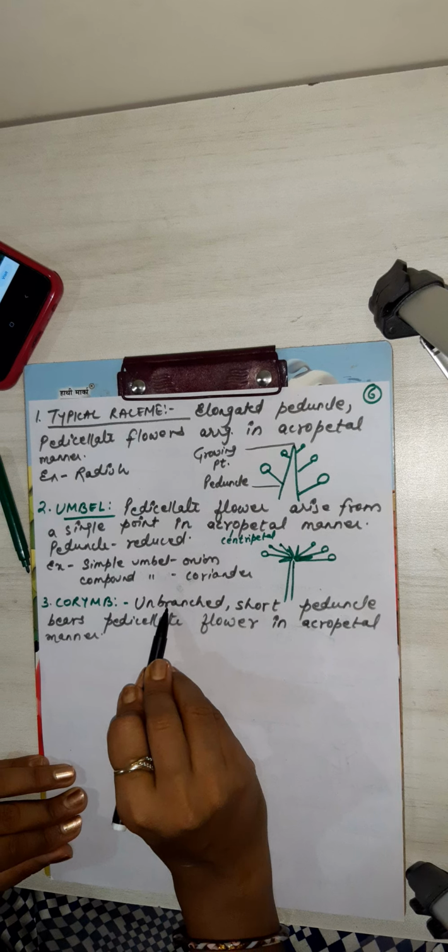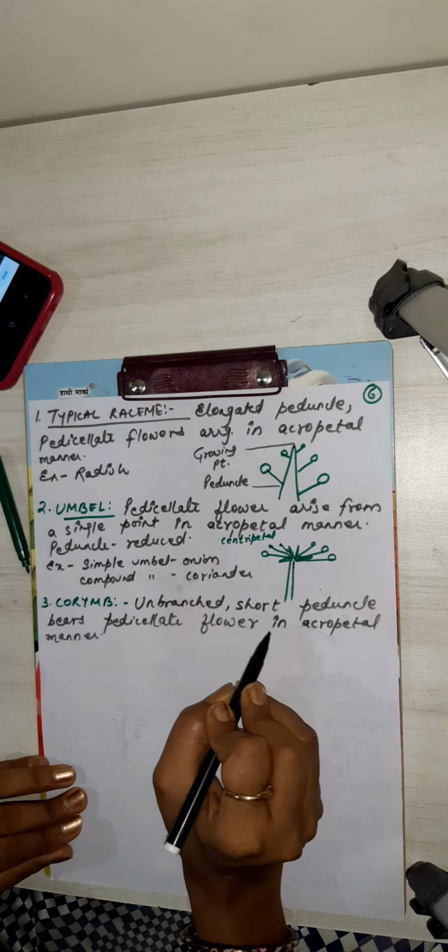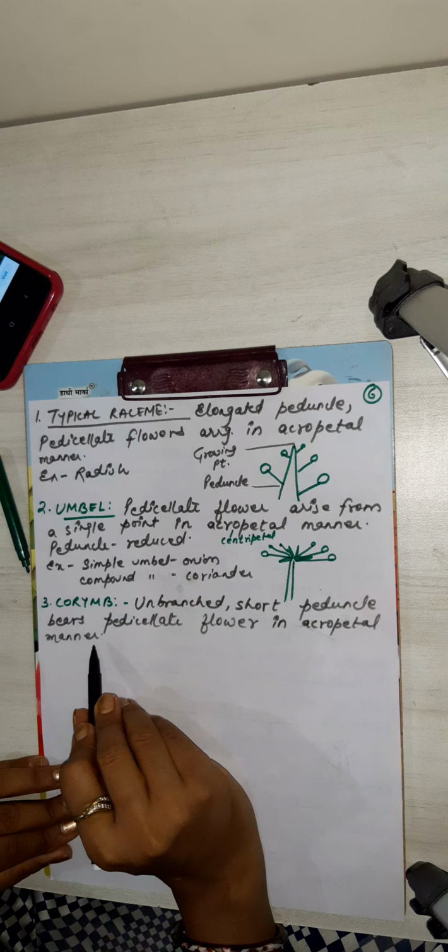So it is unbranched, peduncle is short, and the pedicellate flowers are arranged in acropetal.